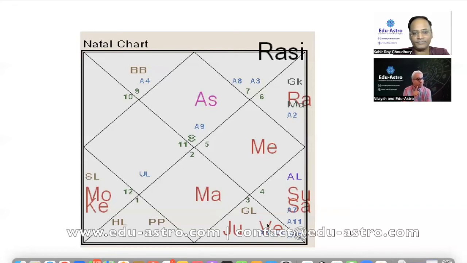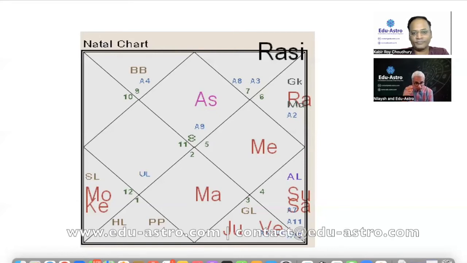Another thing, Venus is a significator of marriage. Venus is placed in a benefic sign, because Mercury is the lord of that sign. Even though it is in the 8th house, it is still a benefic sign. And Venus is sitting with Jupiter, the biggest benefic planet.